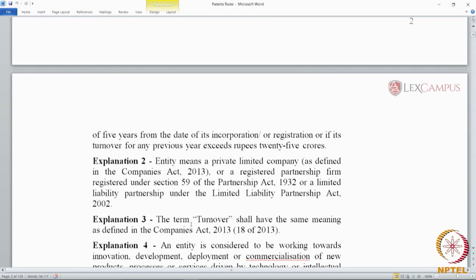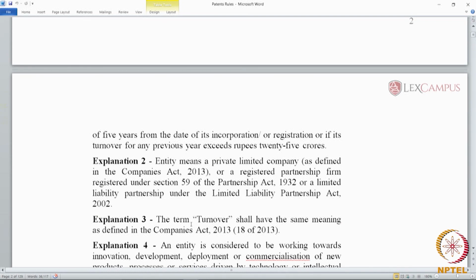Explanation 2: entity means a private limited company as defined in the Companies Act 2013, or a partnership firm registered under section 59 of the Partnership Act, or a limited liability partnership under the Limited Liability Partnership Act 2002. These are the three entities that could be considered for the startup status.